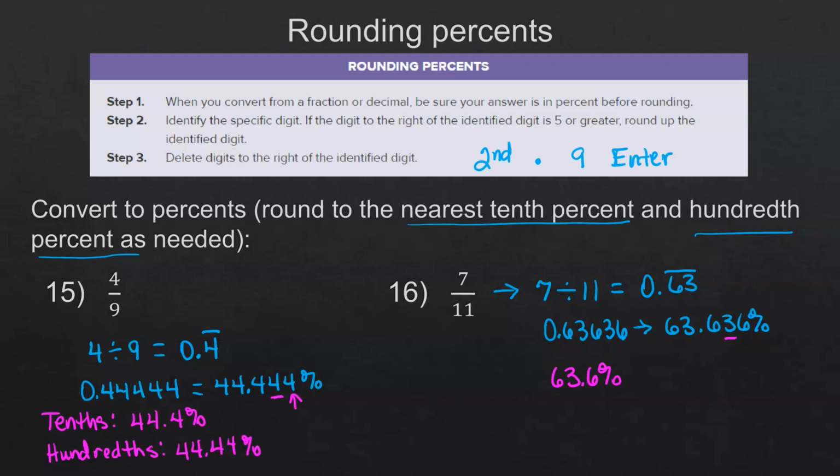It's tenths, hundredths, thousandths, and so on. And I'm going to look at that digit, which tells me I have to add 1. So when I round this to the hundredths place, it's going to be 63.64%. And one of the main things here is just making sure that you do put this in percent form before you try to do your rounding.